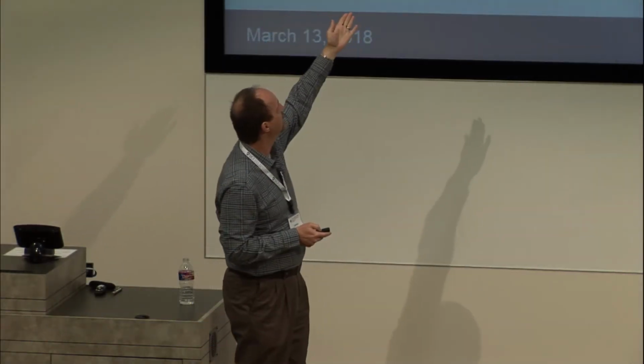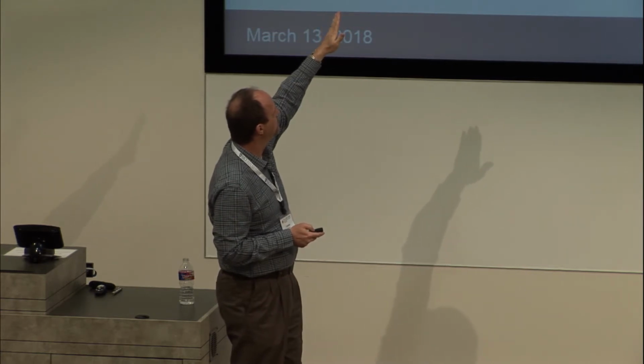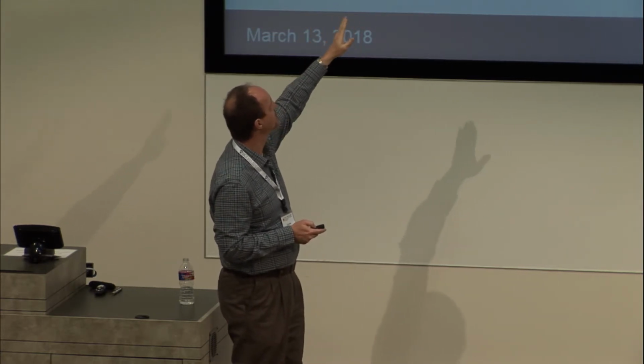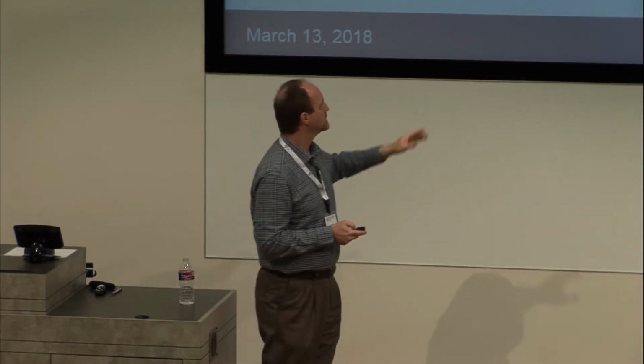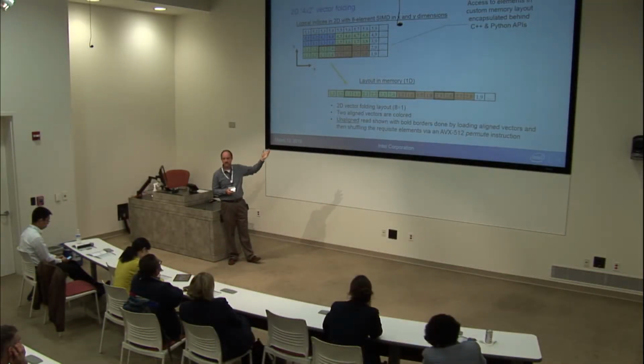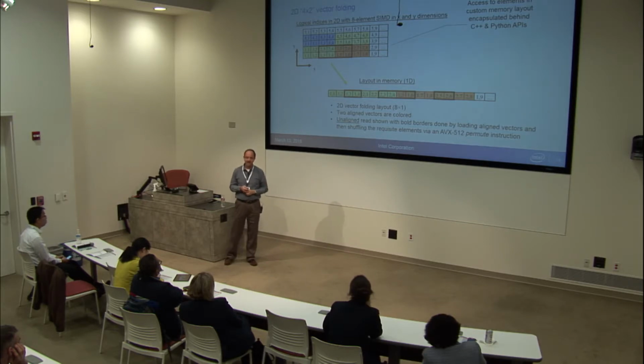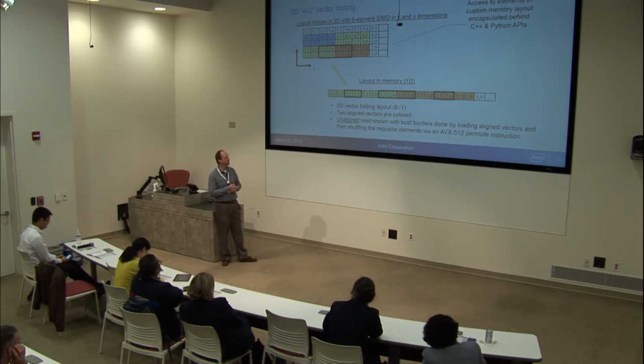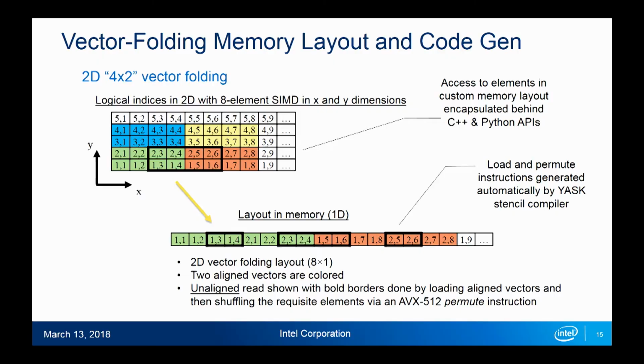If you look at the elements in the black box, they actually get scattered across memory in this case. So to do that efficiently, we can load these two vectors and then do a permute instruction, which is a new instruction in the AVX 512 to do that very efficiently. We don't have to do a gather. We can do a permute, which you can do in one cycle. And the YASK compiler will generate all that for you. Otherwise, it would be very tedious.